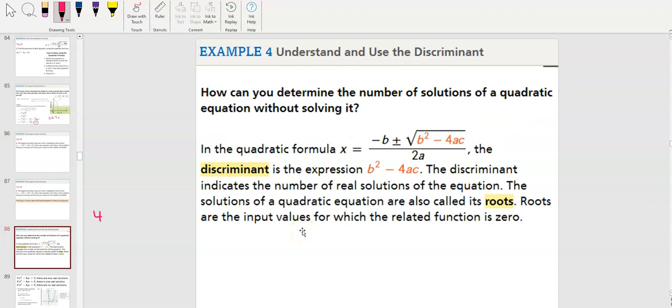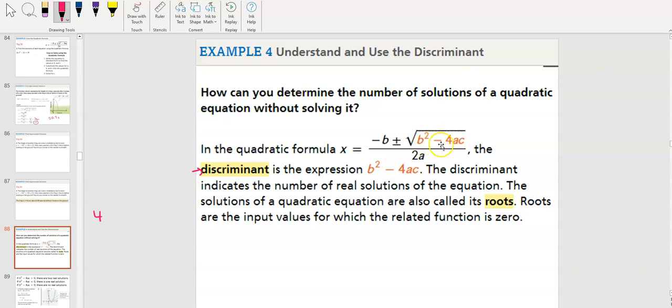Okay, so this next part has to do with the discriminant. So this highlighted word is going to be a vocabulary word, so please write down what a discriminant is. But basically, similar to when we looked at linear equations and we could identify if it was one, none, or infinite solutions, I can look at and do a small part of the quadratic formula and figure out how many solutions the quadratic equation has without solving.